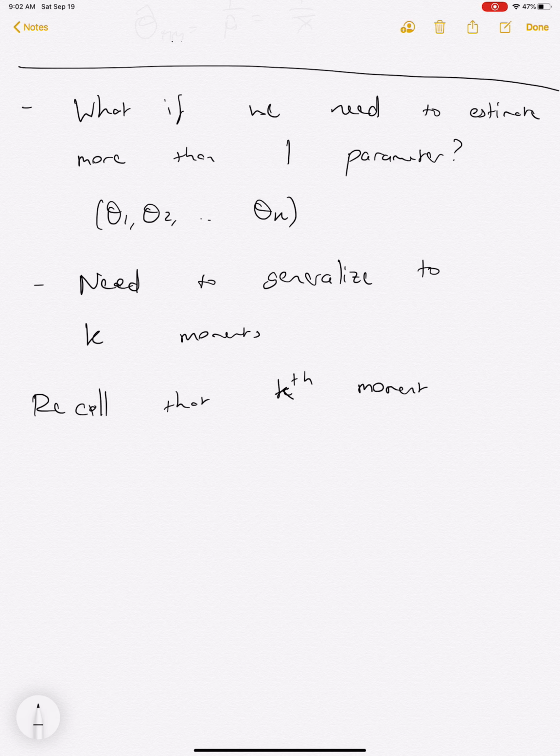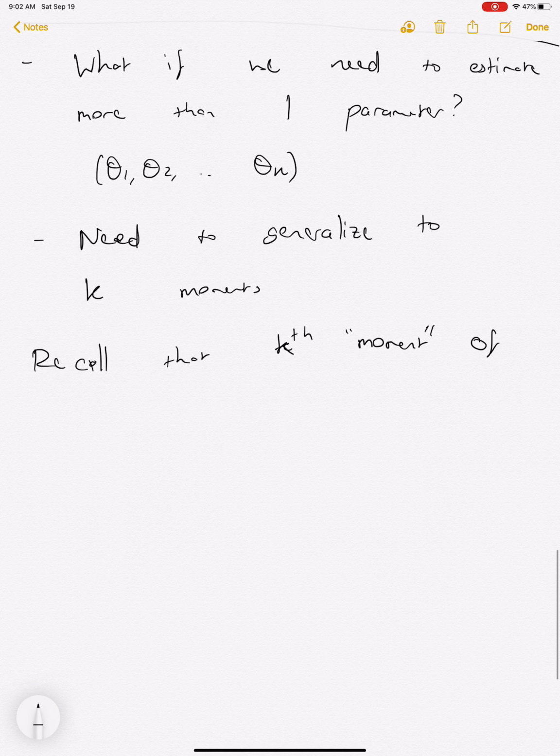Recall that the kth moment of a random variable, I'll use the notation mu k, is E of X to the k.